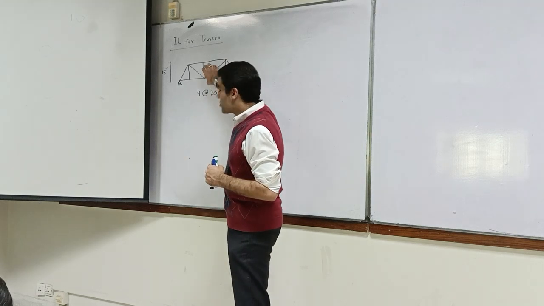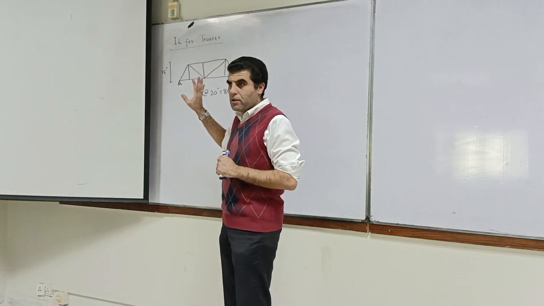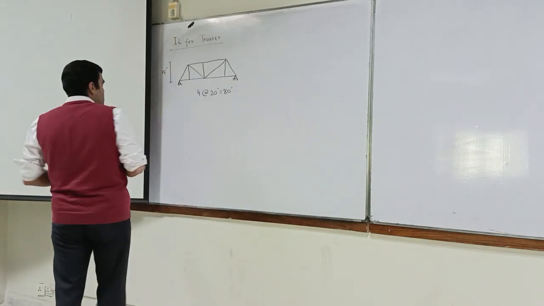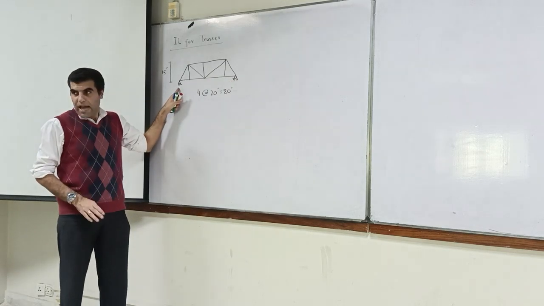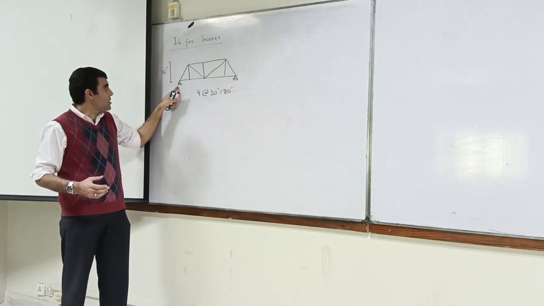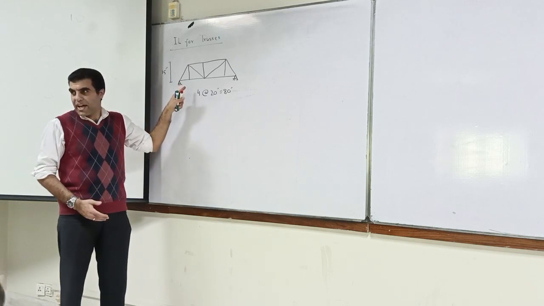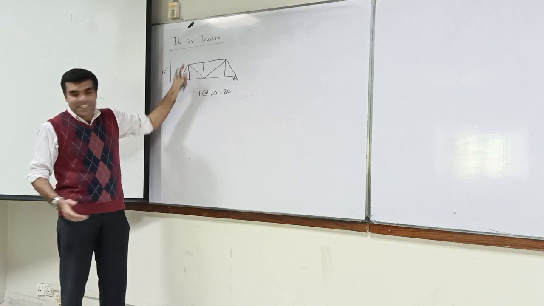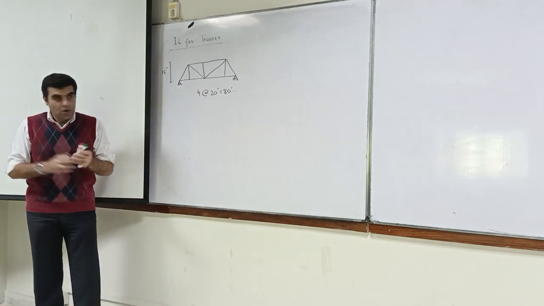In case of truss reactions, we follow the same principle. So if you are intending to find out any reaction, you remove the ability to resist that reaction. So you omit that reaction and move it by a unit displacement, and you will get the same triangular variation.